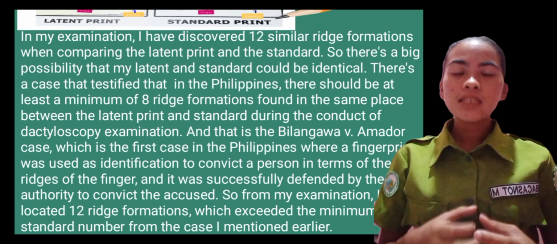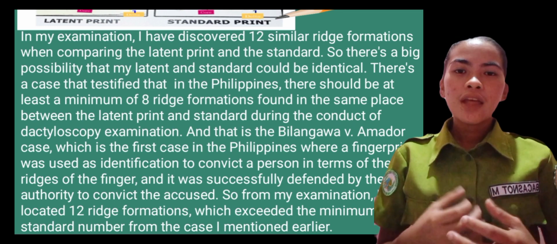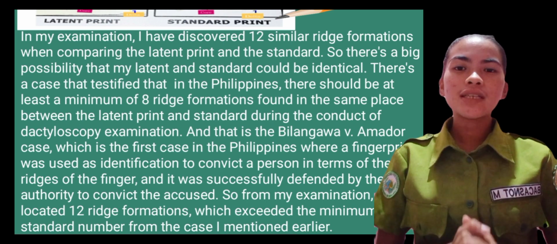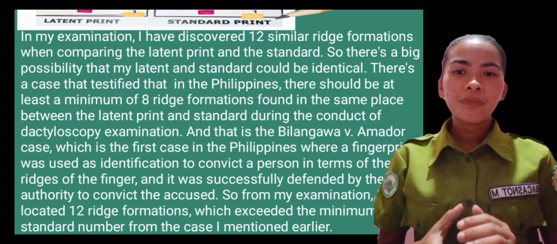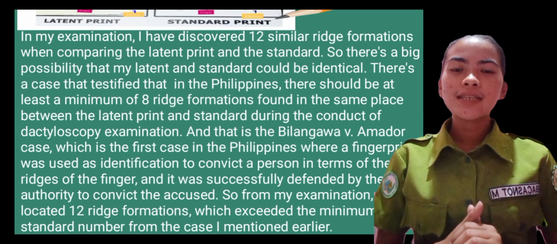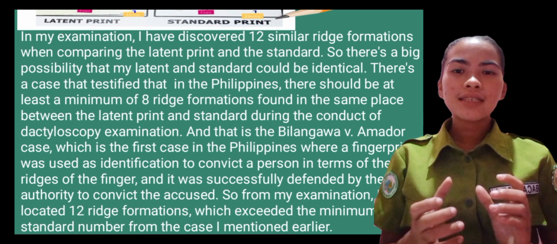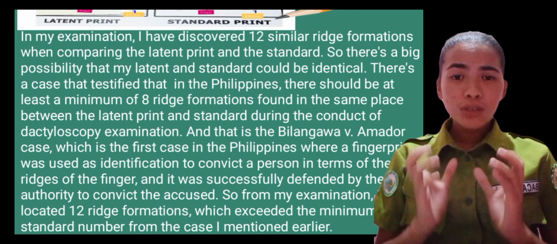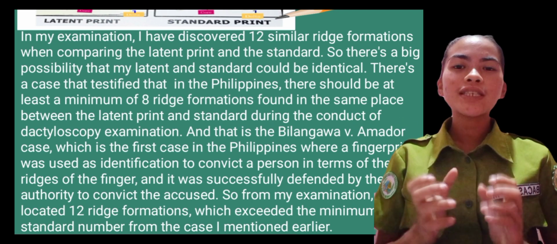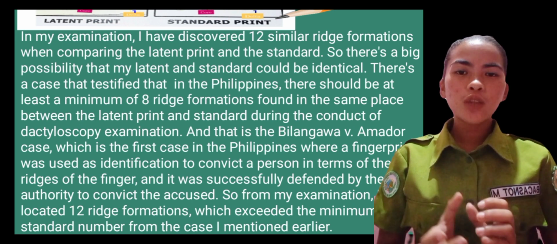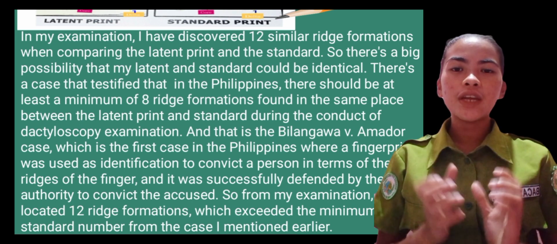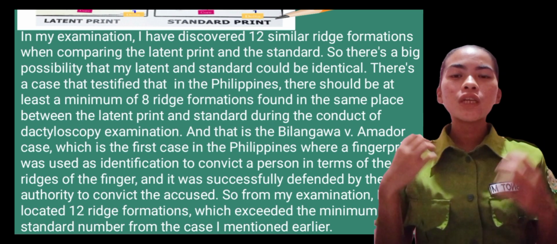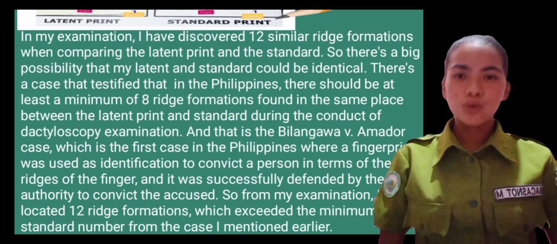There is a case that testified that in the Philippines, there should be at least a minimum of 8 ridge formations found in the same place between the Latent print and the standard during the examination, and that is the Bilang-Awa versus Amador case, which is the first case in the Philippines where a fingerprint was used as identification to convict a person in terms of the ridges of the finger, and it was successfully defended by the authority to convict the accused.